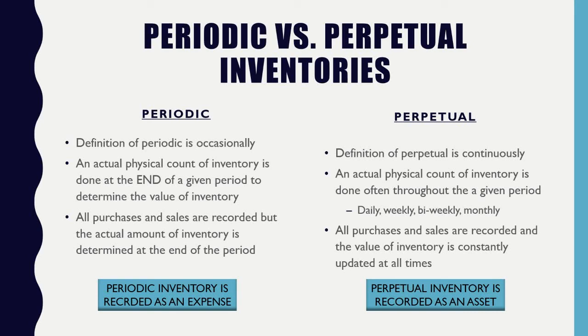You're selling your hats, not shirts as often. So you would choose the shirts as periodic, something you don't need to keep track of often. So yes, a company can have both tracking methods. Any other question?